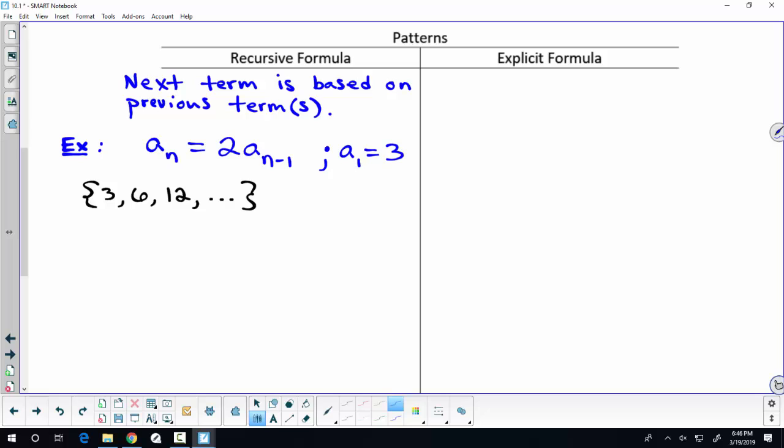Explicit. Hopefully that term's kind of obvious at this point. Explicit functions, we've been looking at y equals 2x. So it just shows you explicitly how we get the next term.